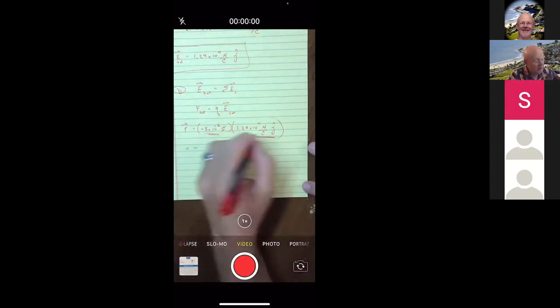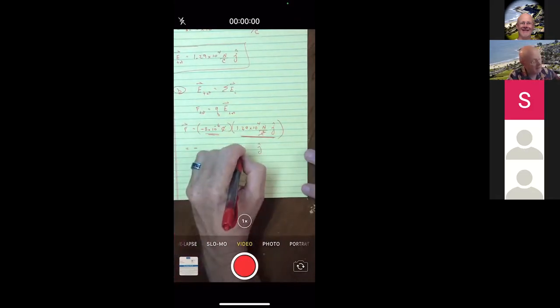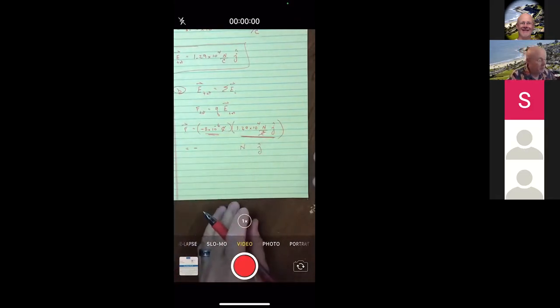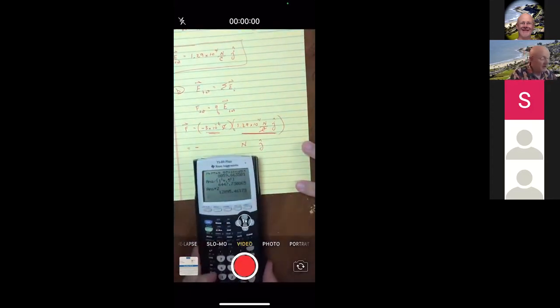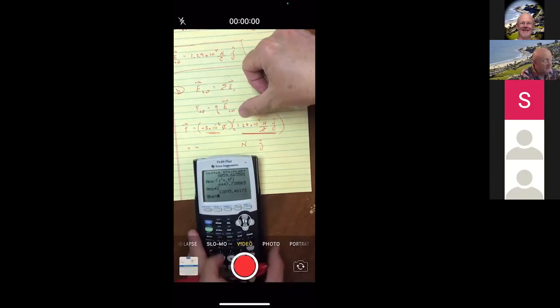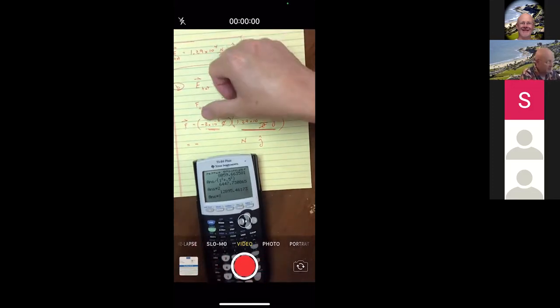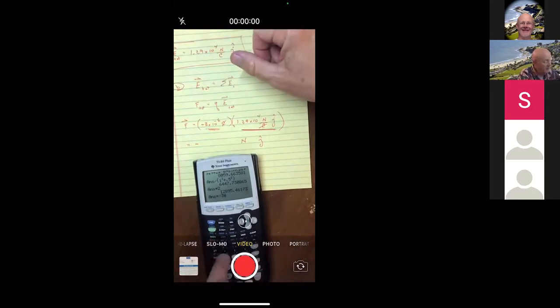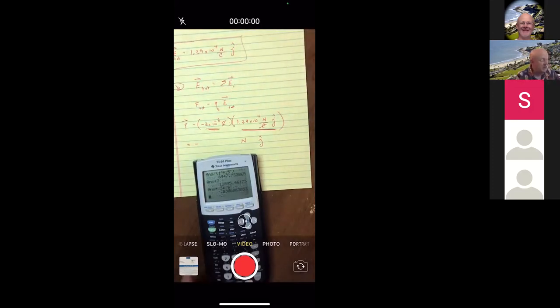And then also notice that the coulombs will cancel off. And so we'll have force in newtons, as we should. And so the final step is to take that electric field and multiply it by a -3 times 10 to the -6.